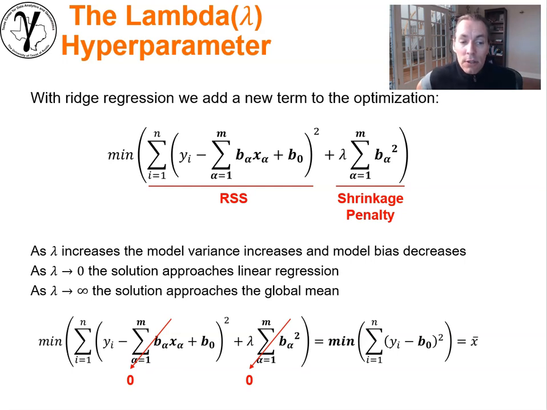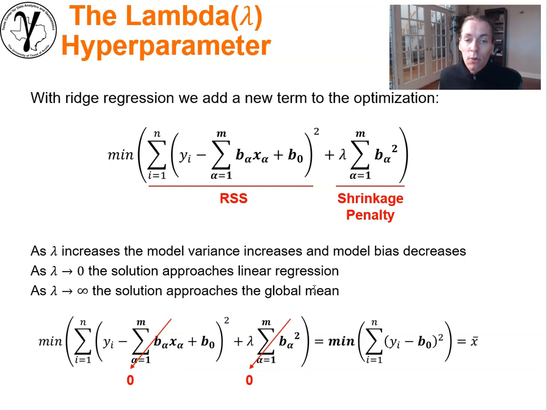It's quite trivial to recognize that if we set lambda equal to 0, the solution at lambda 0 is the same as linear regression, and it'll approach linear regression as we approach 0 with lambda. Now, as lambda goes to infinity, this is pretty interesting. What'll happen here is that we are shrinking all of the model coefficients, the B alphas, to a very small value.